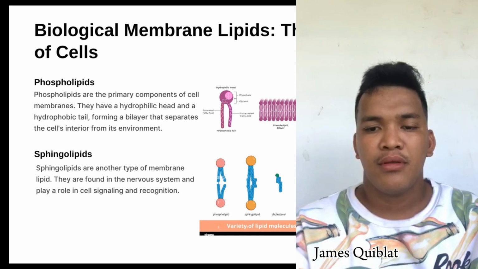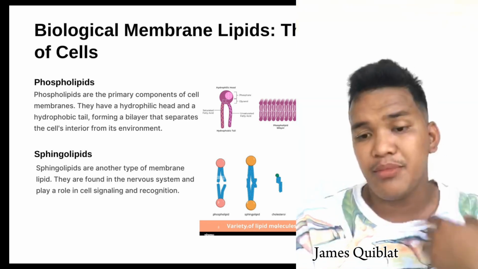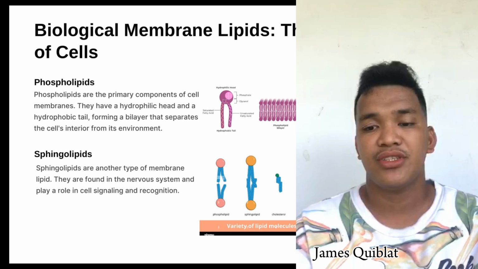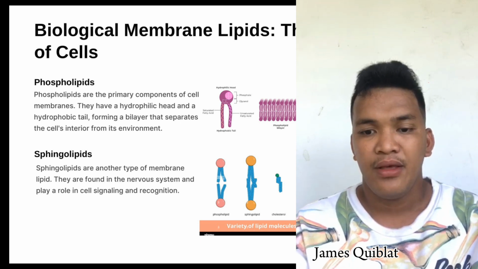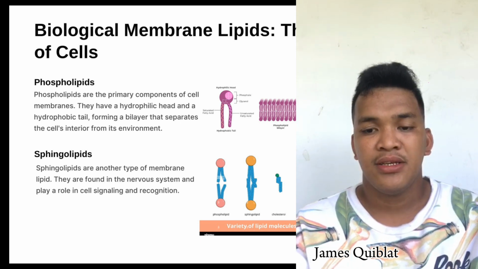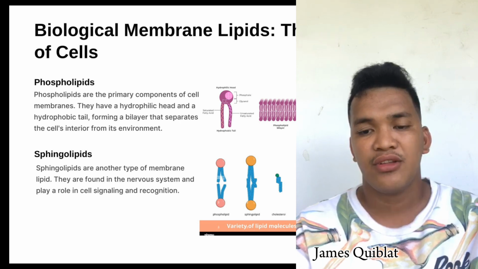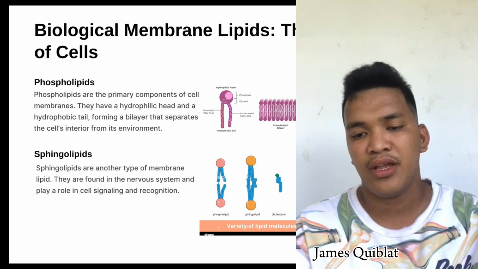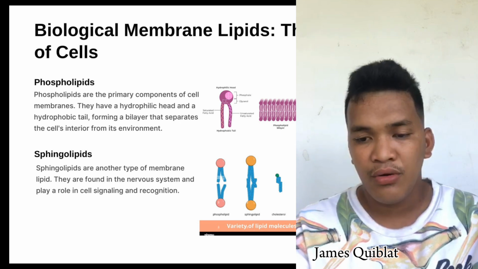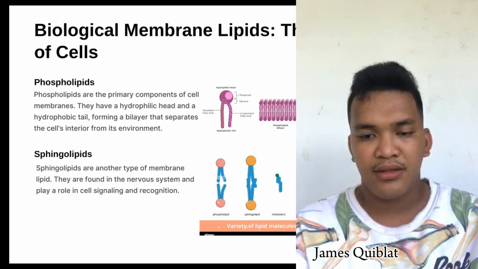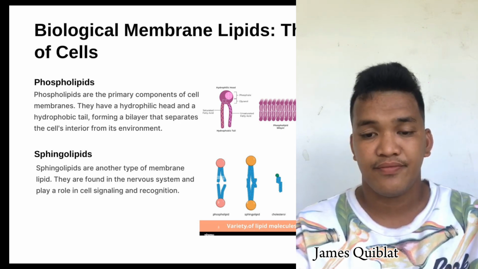Now, we'll move into the world of biological membranes, the essential boundaries that define every cell. Phospholipids are the main players here. They have a unique structure, a hydrophilic head that loves water and hydrophobic tails that hate it.